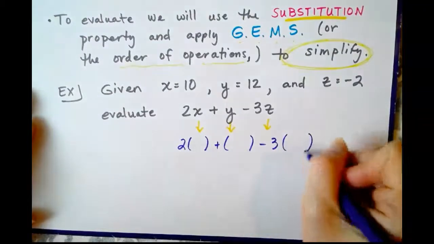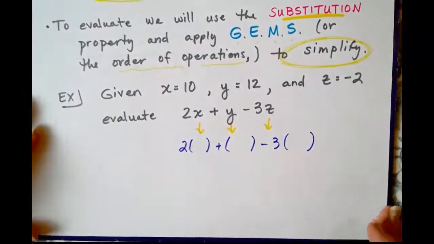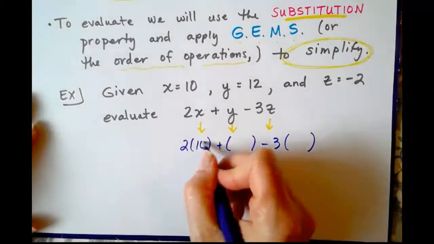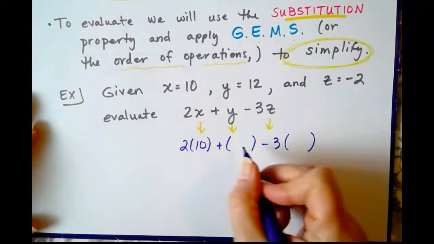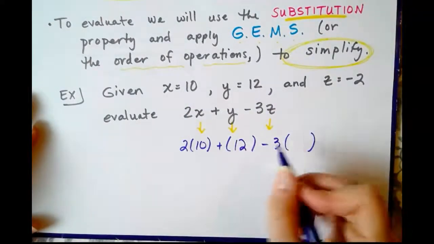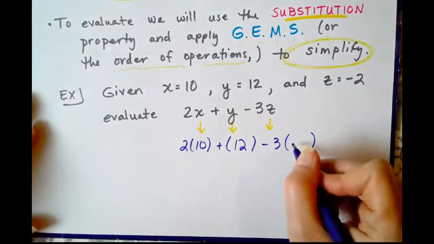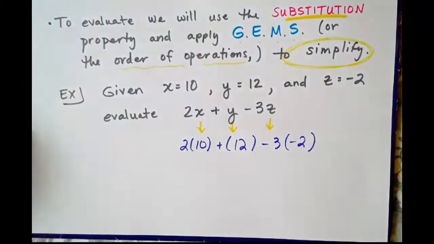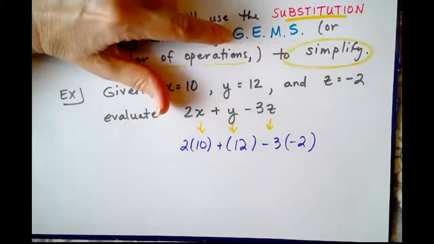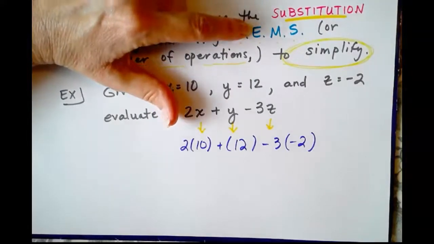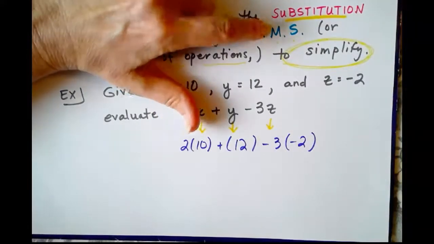It just keeps everything nice and neat. So here goes: 2 times x, x is 10, plus y, y is 12, minus 3 times z, z is -2.